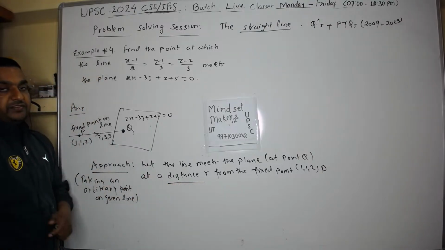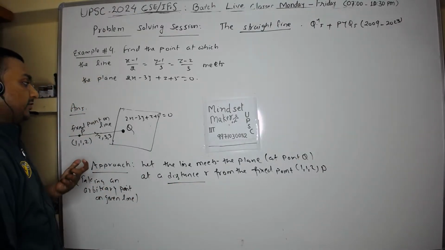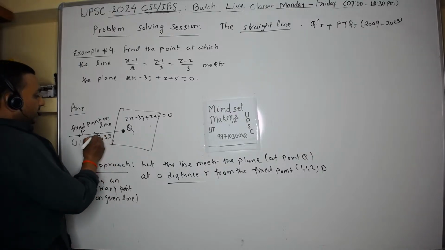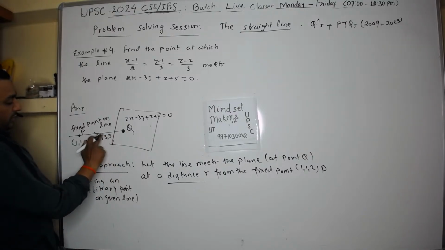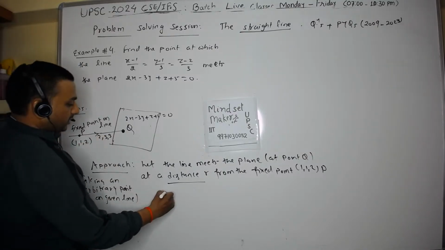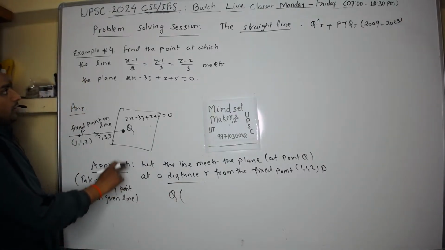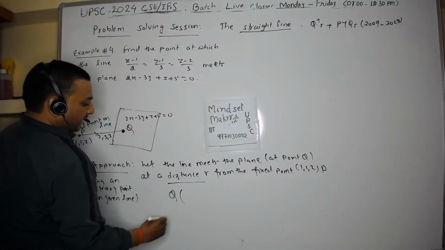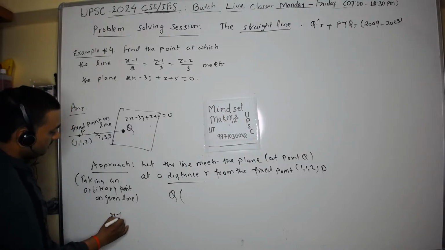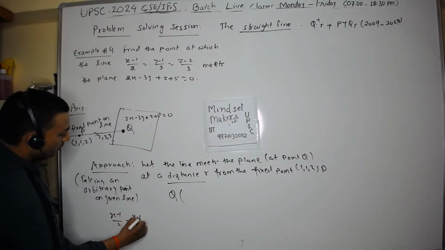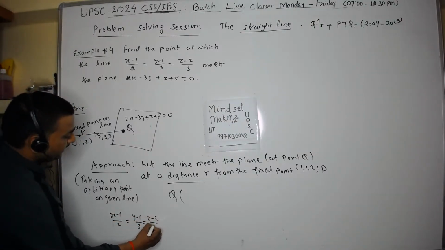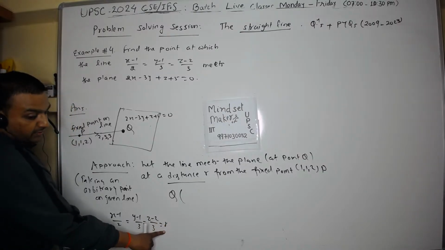When I was teaching you the conceptual part, I told you that taking any point at a distance r is given by this. So what will be the coordinates of point q? I will take the line as x minus 1 upon 2 equals, and I will take the parameter r here.